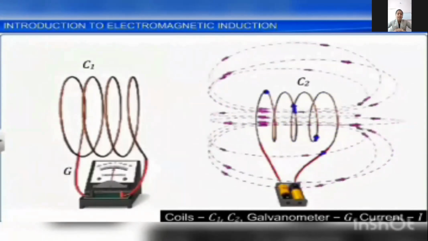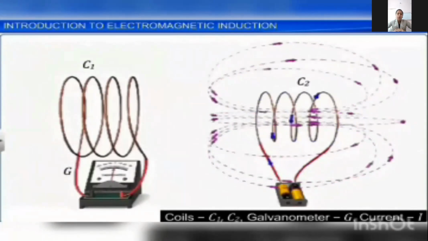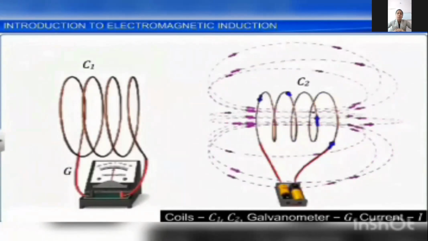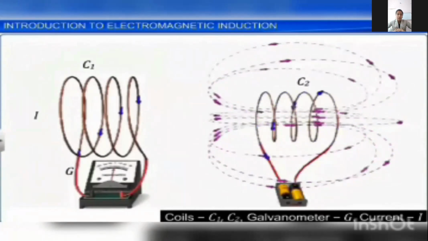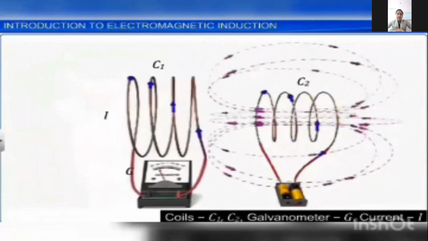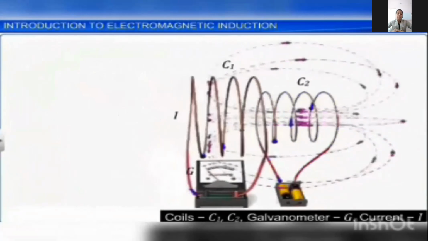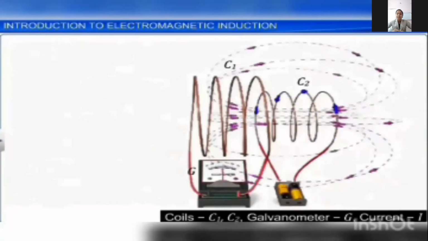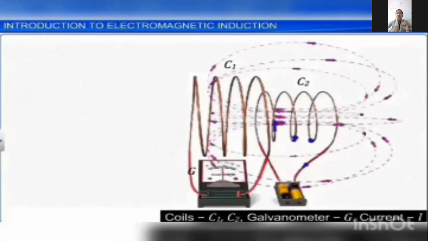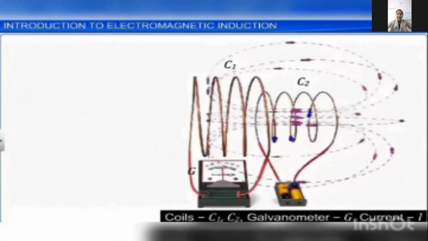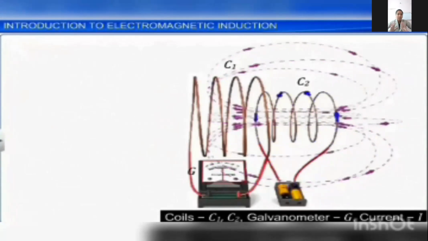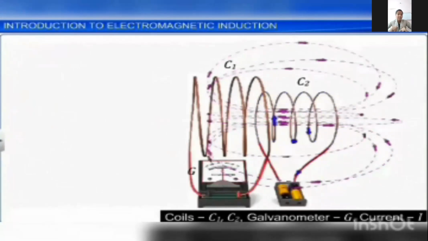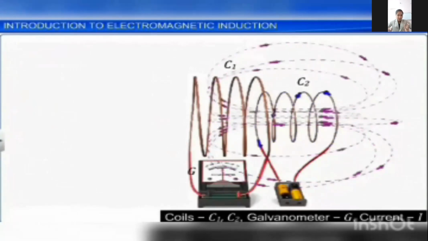Now in this experiment, we move one of the coils towards the other. Here, C1 is moved towards C2, and you can see a deflection. But when it is held still, there is no deflection, or zero deflection.